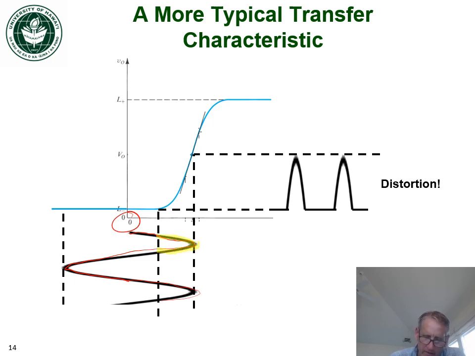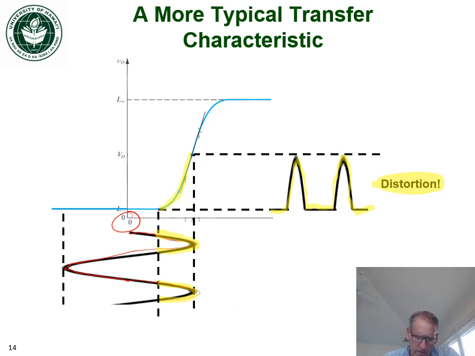The only amplification is going to happen once the voltage starts to enter this region where we generate an output voltage. So we get these little blips from our input. Obviously, this is going to create significant distortion. The amplifier is going to work a little bit, but not very well.